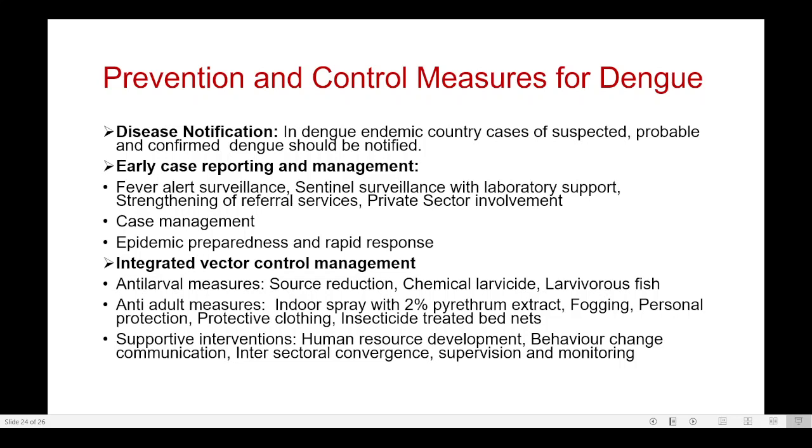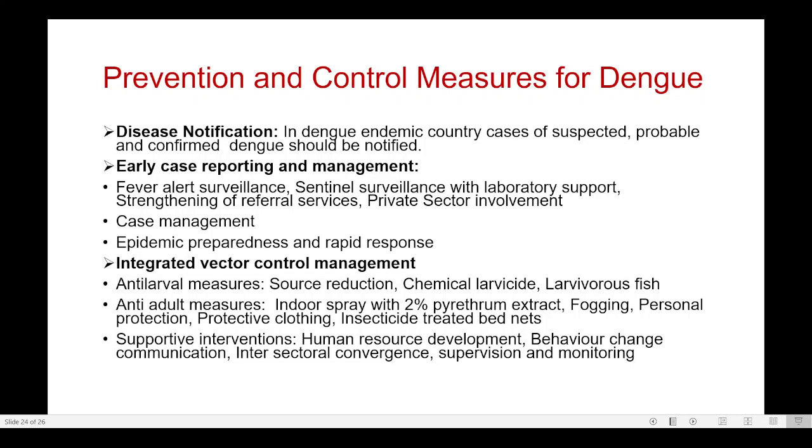Involvement of the private sector is also necessary. Case management, as all of you know, is definitely essential: proper case management along with gradation of IV fluid and all other supportive measures. Epidemic preparedness and rapid response is essential for dengue outbreak control.